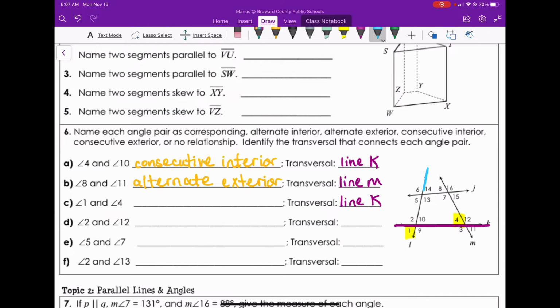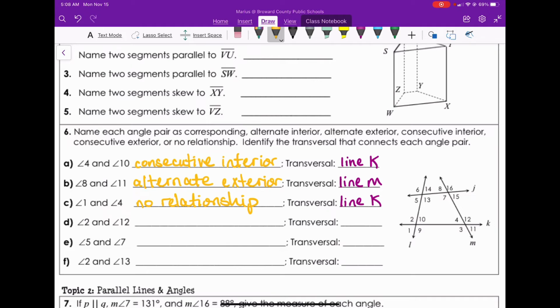And if we remember, these two lines become the two lines that we're talking about. So interior, right? This is interior and this would be exterior. Other than that, they don't have any other relationship. So we're going to have to put no relationship here. Even though they're on the same line, they don't have any of the relationships that are stated. So we have to put no relationship.